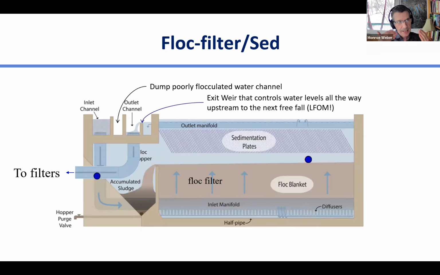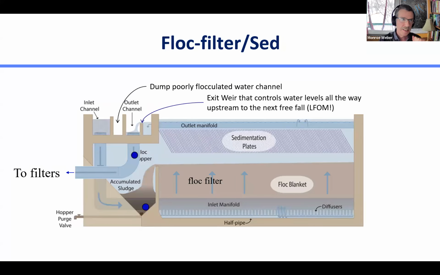And actually, that exit weir is the first place where the water does a free fall since the LFOM. So in the linear flow orifice meter, water does a free fall and basically drops into the upstream end of the flocculator. And then there's head loss as it goes down through the flocculator. It enters this inlet channel.